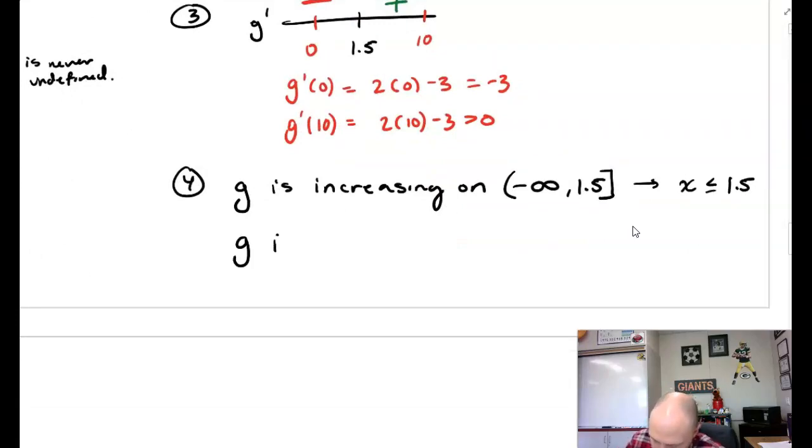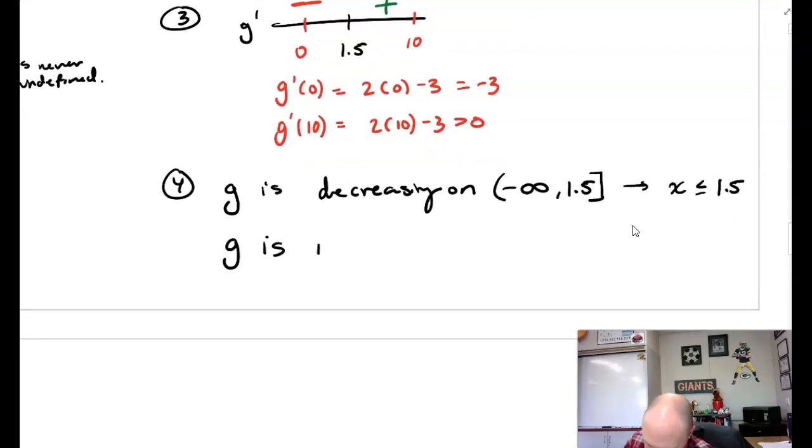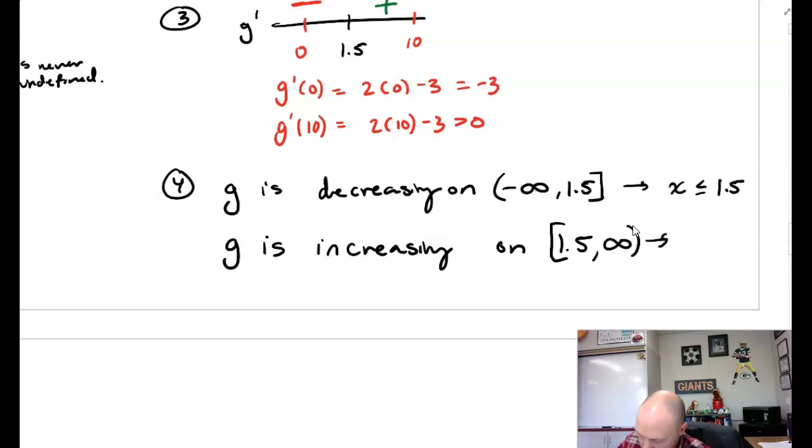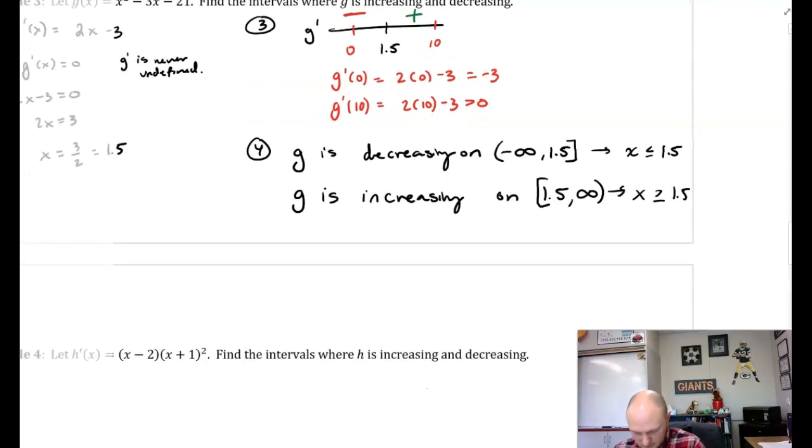And then G is increasing on 1.5 to infinity. And again, you could say this as x is greater than or equal to 1.5. Okay? So there you have it. That's increasing and decreasing intervals.